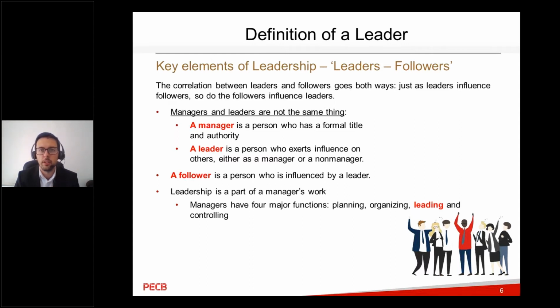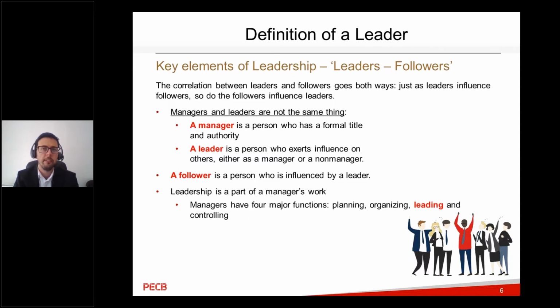or by providing different and better approaches to certain decisions. So in a sense, even though we tend to differentiate a manager and a leader, the manager is basically a person who has a formal title and related authority to give orders within an organization, while a leader is not necessarily a person who has that formal power.